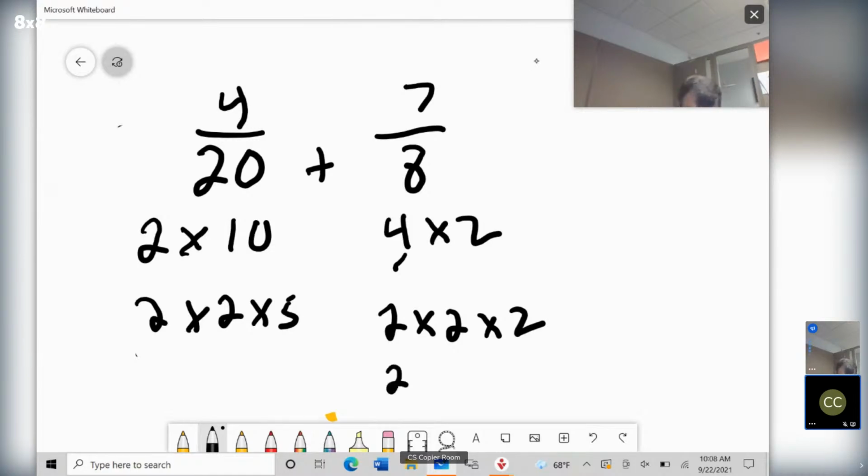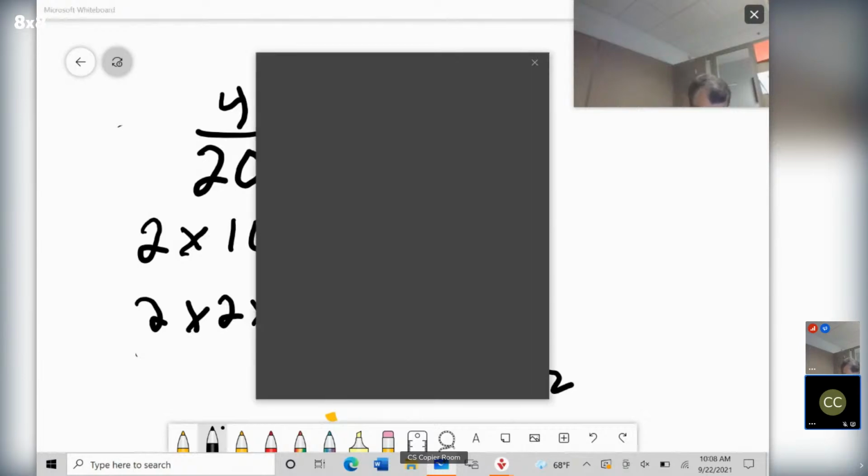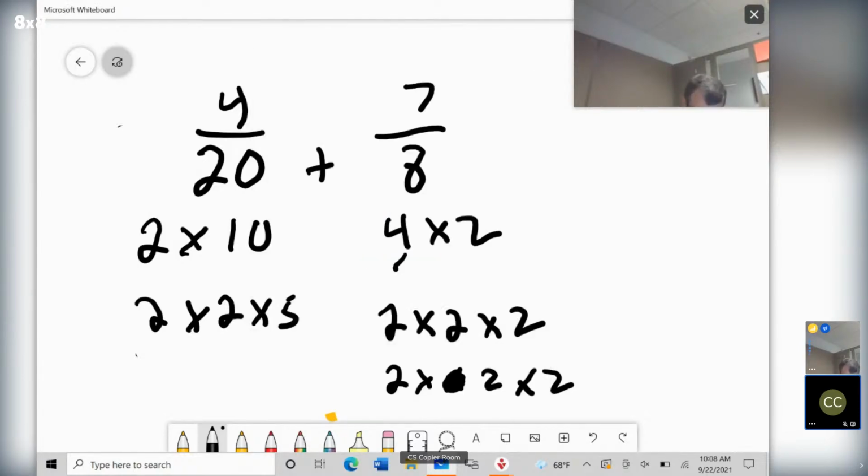So we'll take the 2 times 2, oops, excuse me, that 2 times 2 times 2. That's 3 2's. And what else do we need? Well, there's 3 2's.